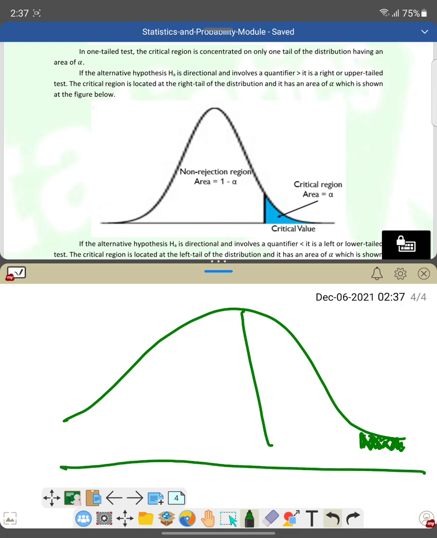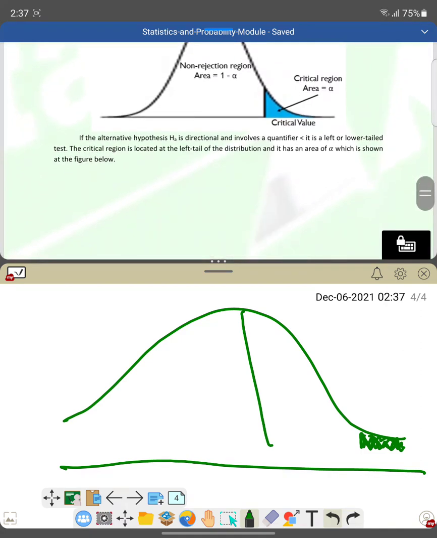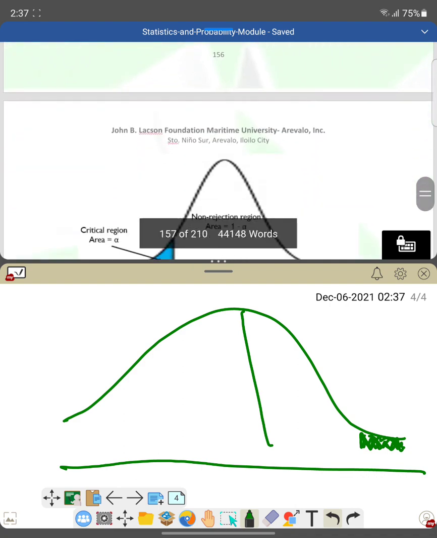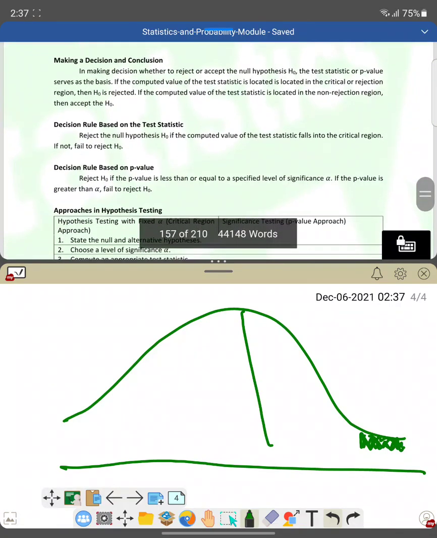While if the alternative hypothesis is directional and involves the quantifier or the symbol less than, that means it is a left-tailed test, or another term for that is lower-tailed test. Why lower? It is because it is located on the left part.